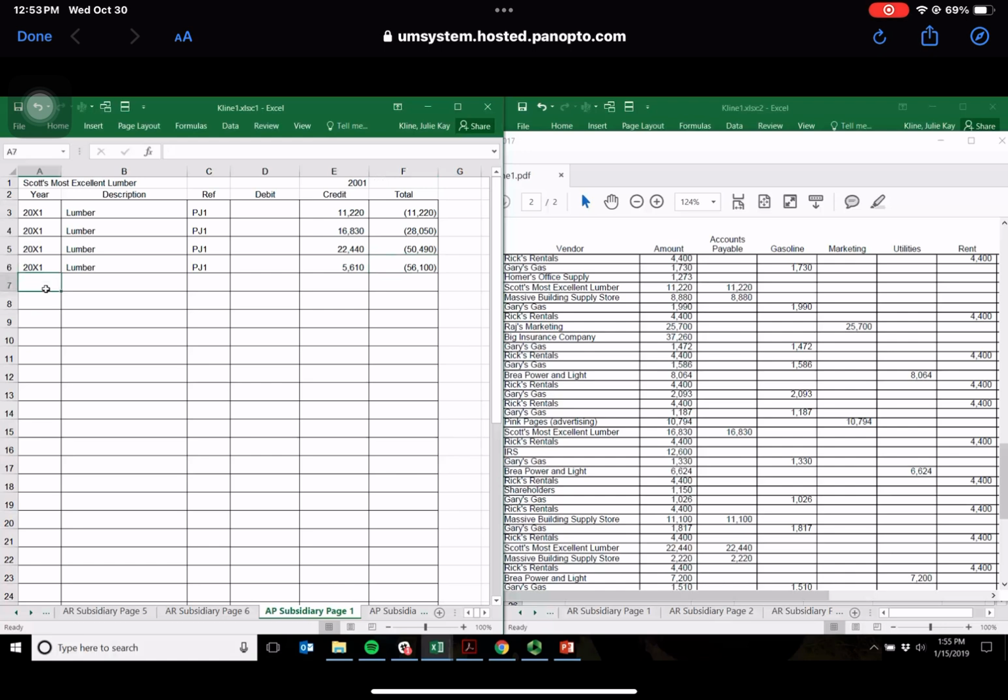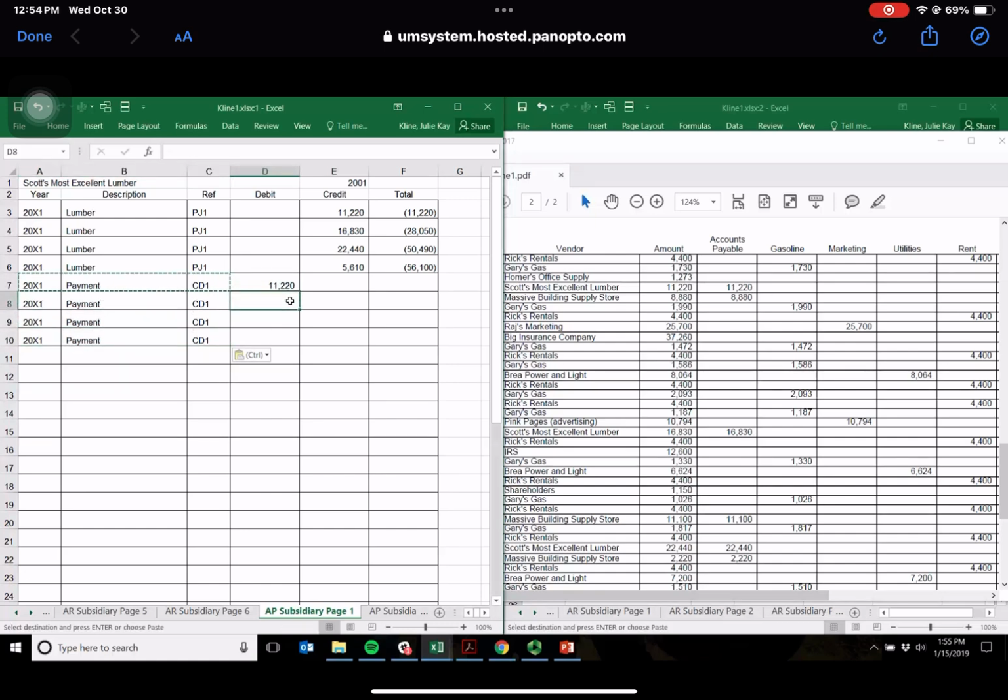So in 2001, this is going to be a payment, and it comes from the cash disbursement journal, and we're debiting AP, which means we need to debit the AP subledger, and it's going to be for 11,220. You've got to watch those. And it looks like I did it right for Scott.